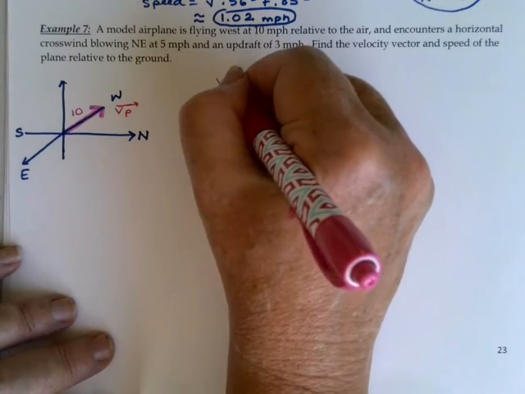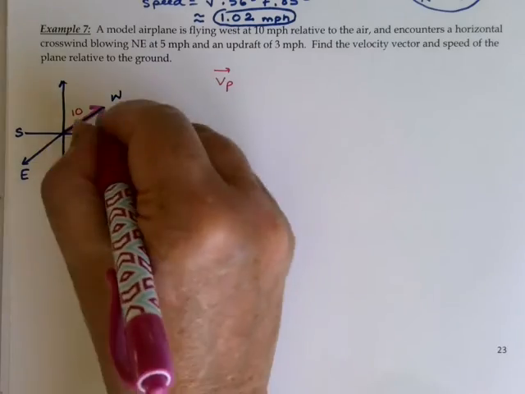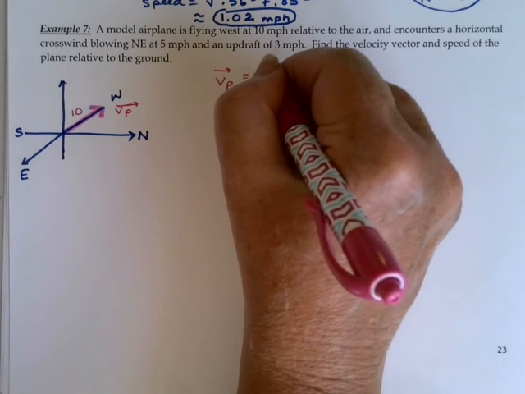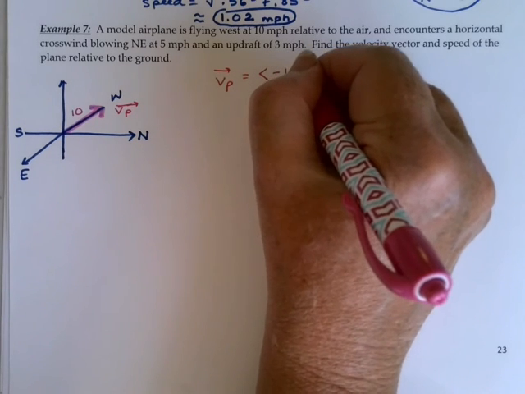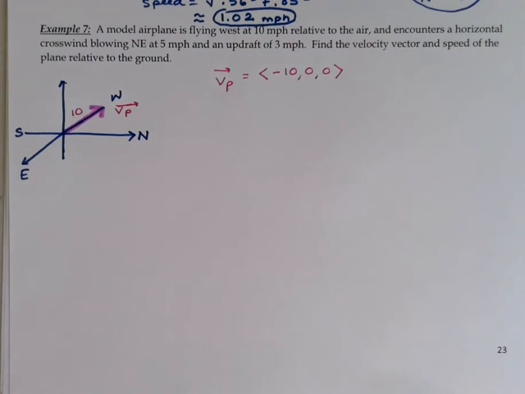Let's write that down right now. Because that's on the negative x-axis, I'm going to say three-dimensionally that negative 10, 0, 0 would be a good velocity vector to use.